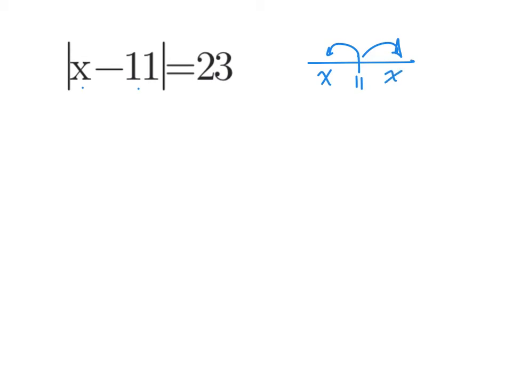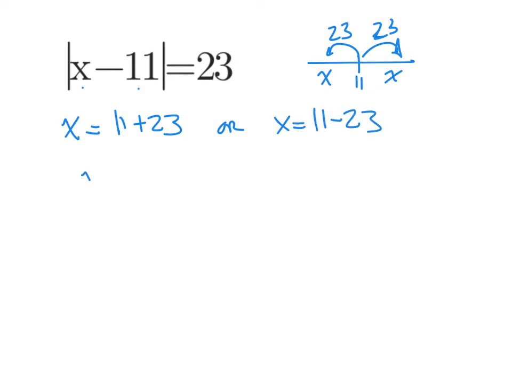How far are we going out? 23 units, either to the left or the right, which means x is equal to 11 plus 23, or x is equal to 11 minus 23. In this case, we're dealing with an answer of 34, or in this case, negative 12.